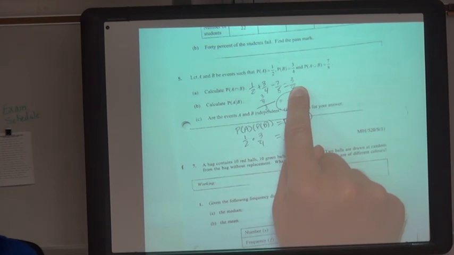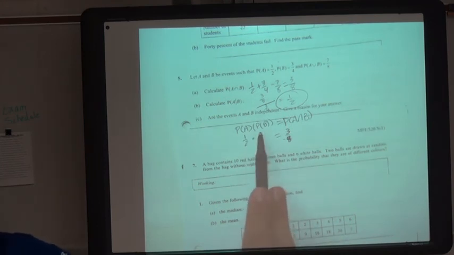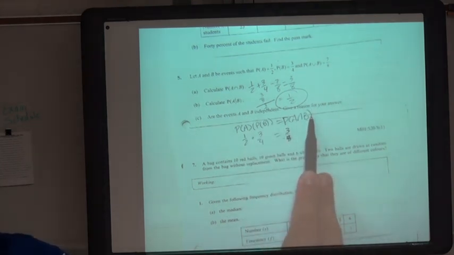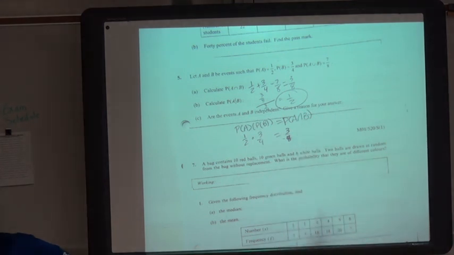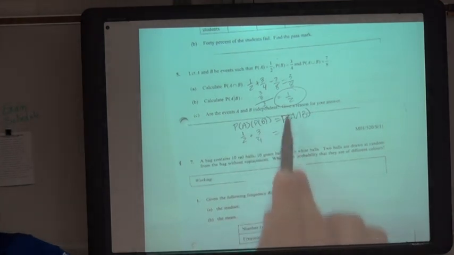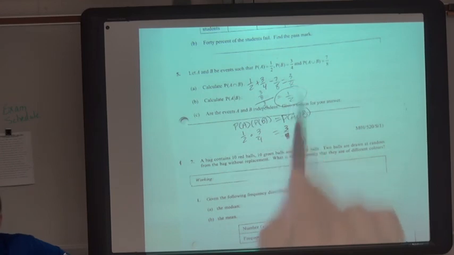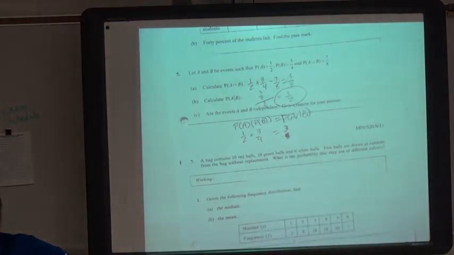So since this equals that, yes, they are independent. If we had multiplied these two and got 3/8, but up here we had an answer of 5/8, those don't match. It's not independent. You can just say because it does not follow the equation. All right, number 7.